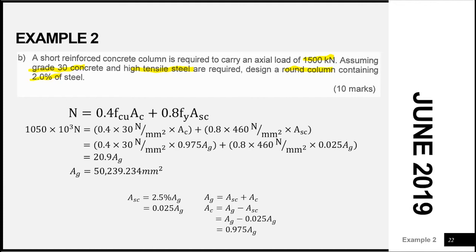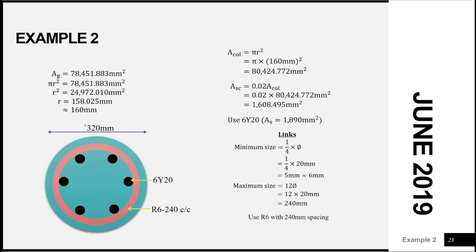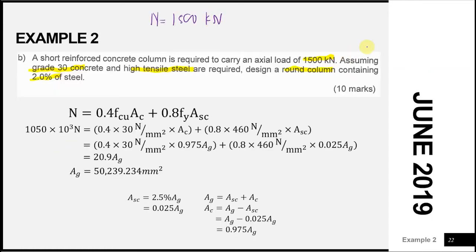So we know that N is 1500 kilonewton. Dia dah bagi. Okay, and then we have FCU grade 30, so 30 Newton over mm square. Okay, and then high tensile steel, meaning this is steel strength 460. And then the question asks you to design round column containing 2% of steel.